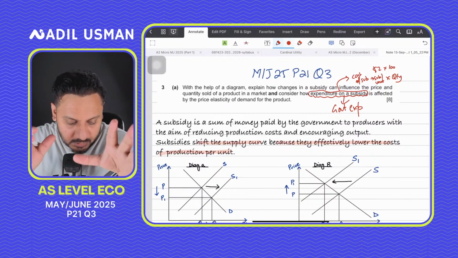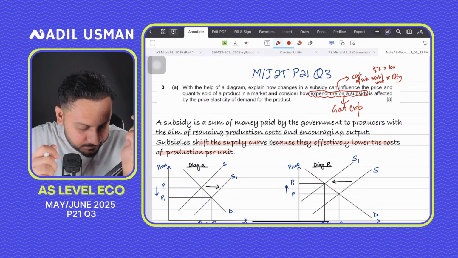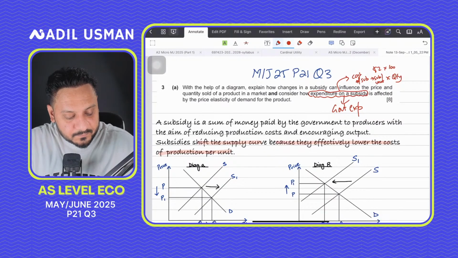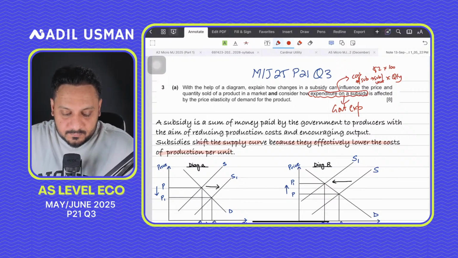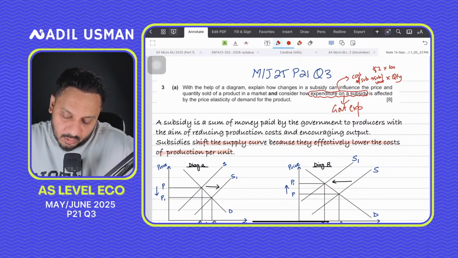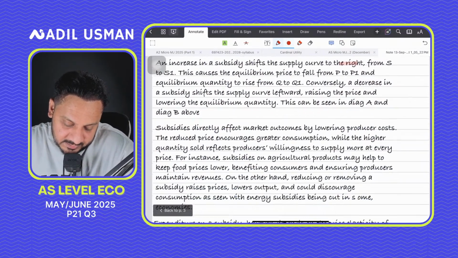So what do you think would be the answer? Will it be more in elastic, or more in inelastic?